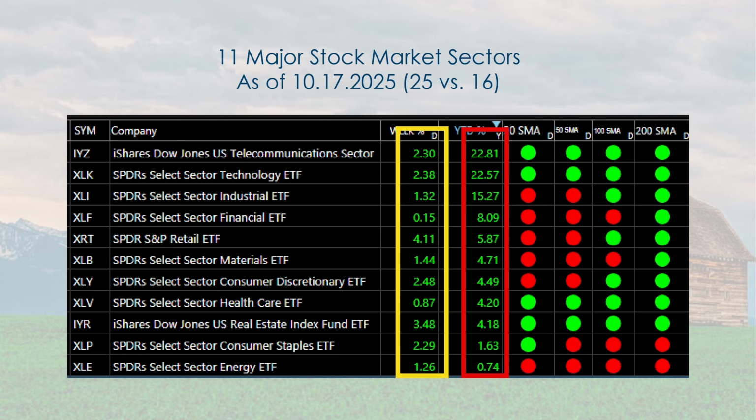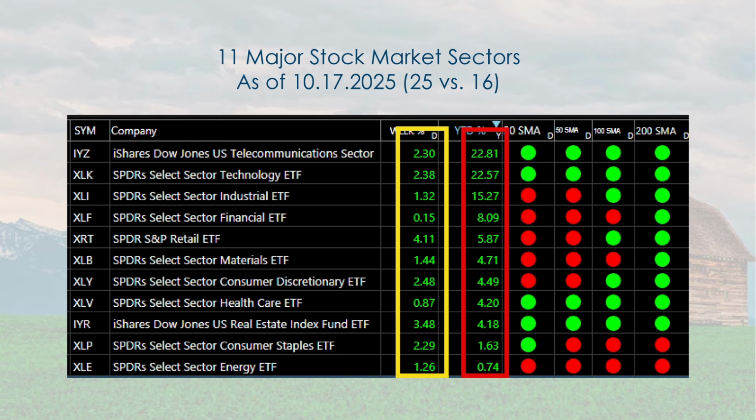Okay, now I'm going to go to the sectors. Sectors make up the S&P 500. All 11 major sectors are in the S&P 500. This is a breakdown of those sectors. Not unlike the indexes, they are all positive for the last week and year to date.